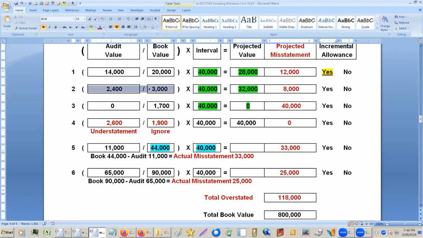And same thing for this one. Our book value is 3,000. The interval is 40,000. So there's another 37,000 worth of stuff, and there could be other things wrong in that interval. If we found an error, that means there could be other things that are wrong in there. So this is also a yes.